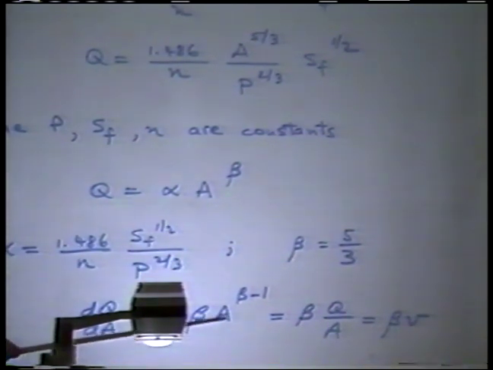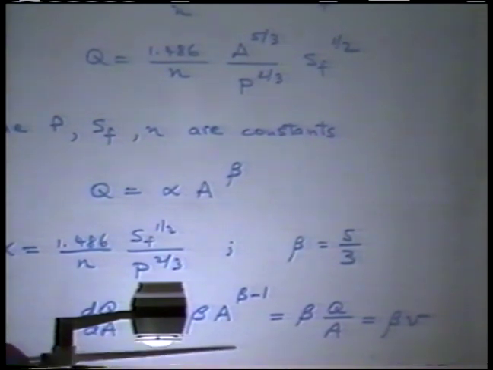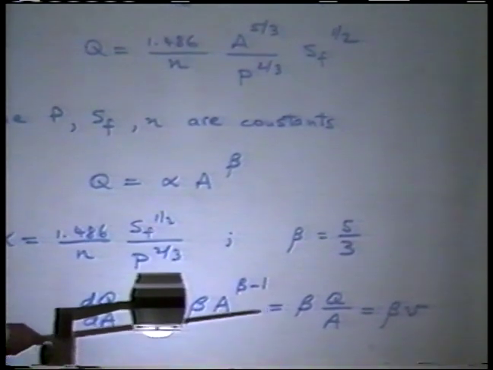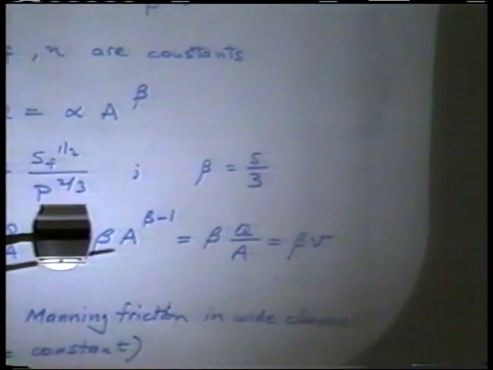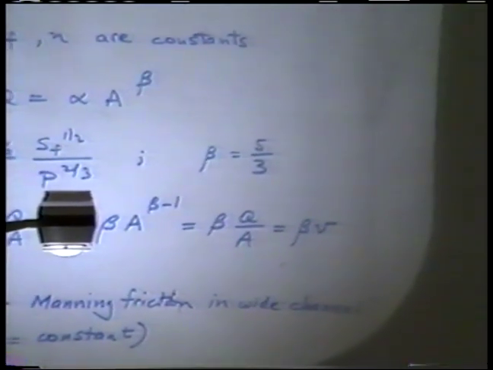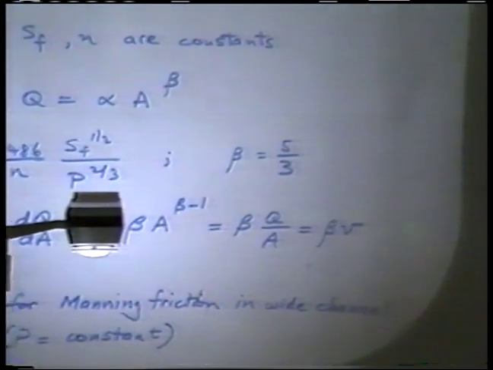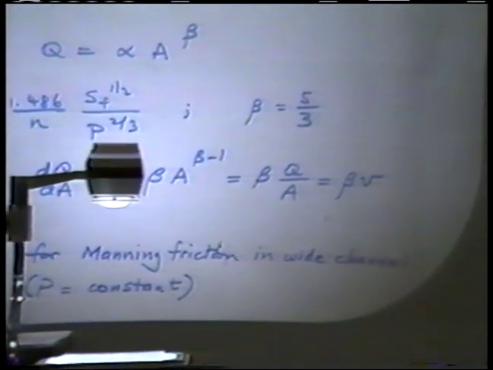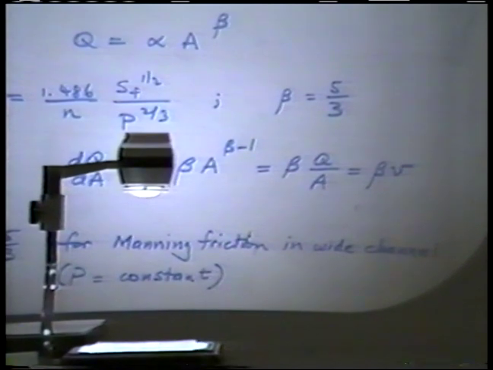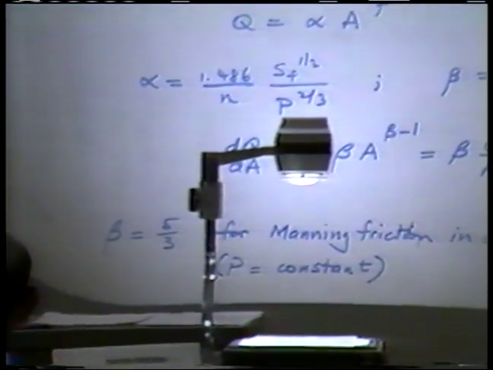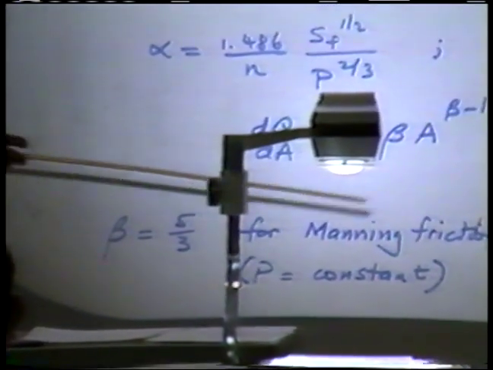In order to put a Q in here, in the denominator we would have to have an A, and that leads us to this formula, which says beta times Q over A, and since we know that Q over A is the mean velocity, we come to the conclusion, which is supported by theory, supported by experiments, supported by just about everybody, that the kinematic wave velocity exceeds the velocity of the flow, typically by 5/3.